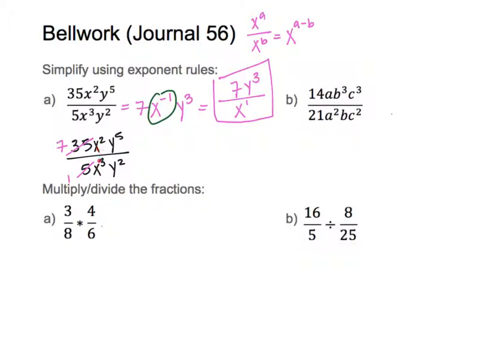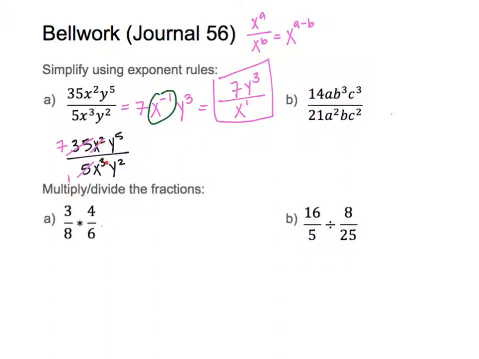Now, when I look at variables, I'm going to need to take care of them. So what I do is look at the lowest power. So the lowest power is on the top. X squared is the lower power here. So what I do is I'm going to cancel out x squared in the top and the bottom. Well, if I cancel out x squared in the top, it gets all canceled. For the bottom, I have to take away 2 of the x's.